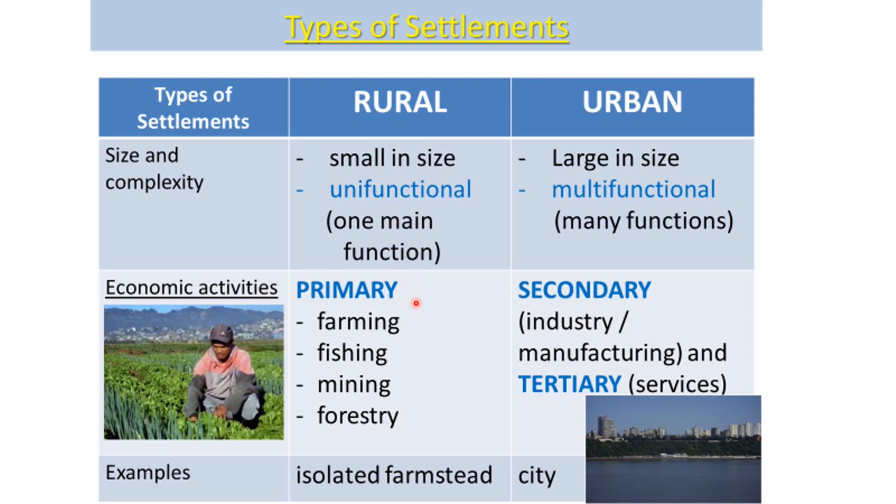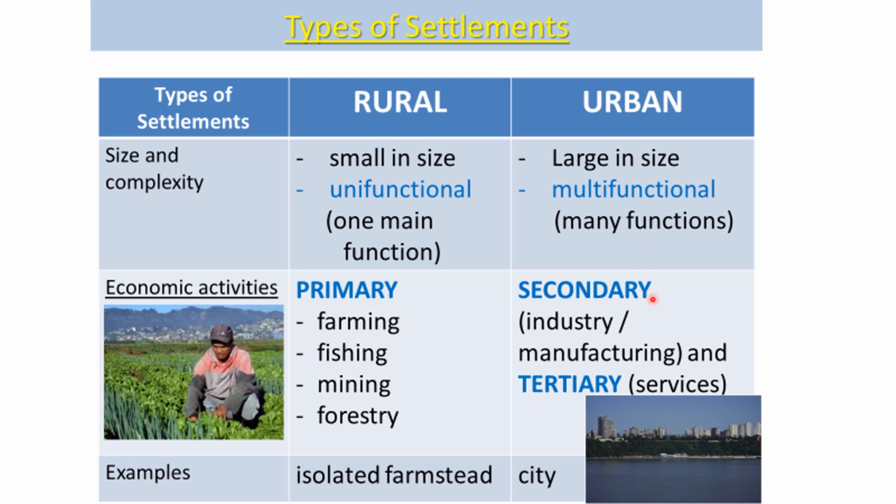Rural settlements are small in size, they are unifunctional, meaning that they have one main function and the main economic activity is primary. Urban settlements are larger in size. They offer a variety of different functions, different goods and services that can be accessed, and therefore an urban settlement is said to be multifunctional.